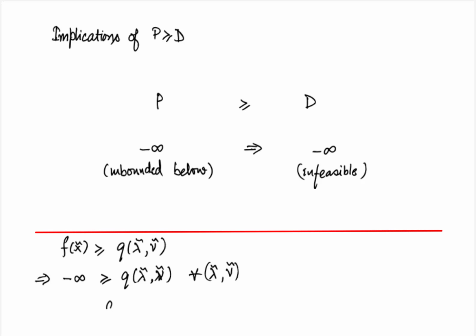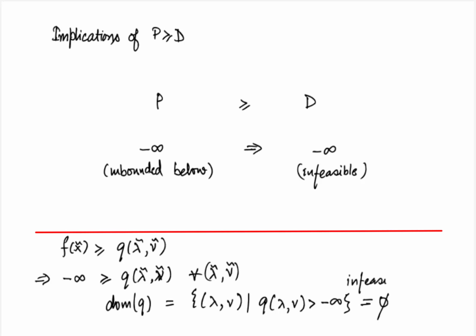But the domain of q was defined as all lambda comma nu such that q was greater than minus infinity. In other words, for a problem where p is minus infinity, the domain of q would be empty. Note that the converse is not true, but a similar result holds in the other direction by setting d equal to infinity. That is, if the dual problem is unbounded above, the primal would be infeasible.